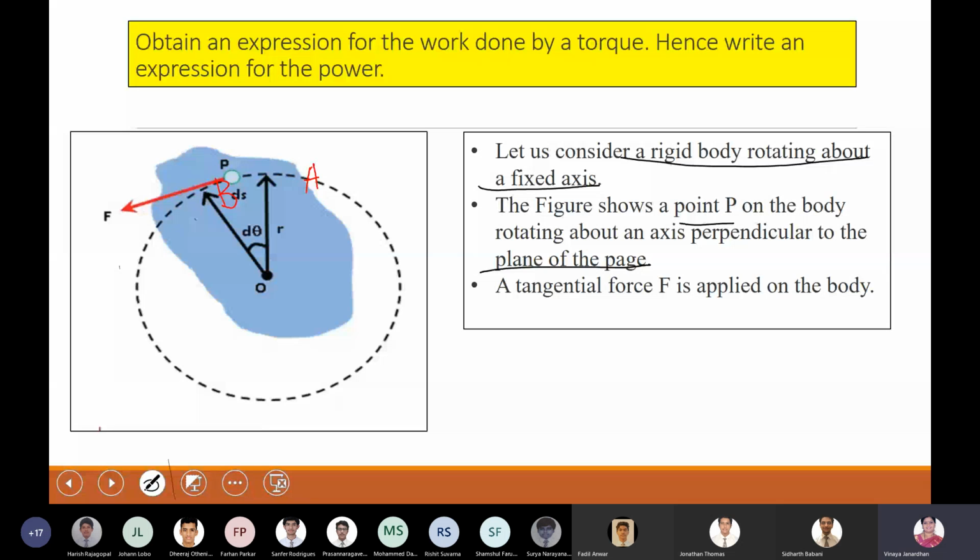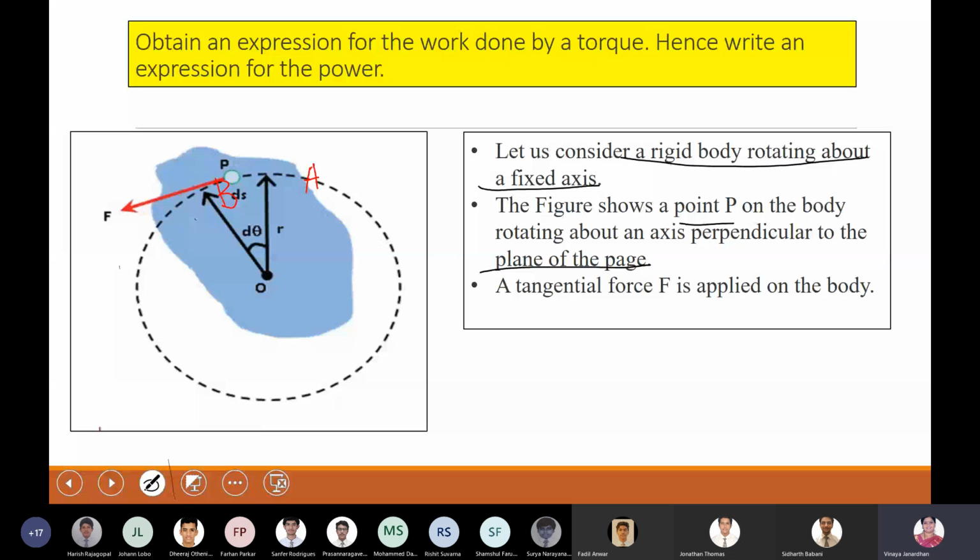The body has linear velocity and angular velocity. So it undergoes a linear displacement ds and an angular displacement d theta.